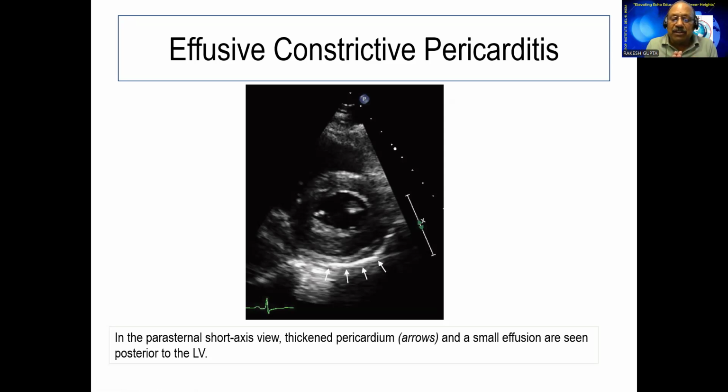So it's important for the reason that it is treatable, non-invasively, with medical therapy. On the contrary, if full-blown constrictive pericarditis develops, that needs stripping of the pericardium, which is a large surgical procedure.